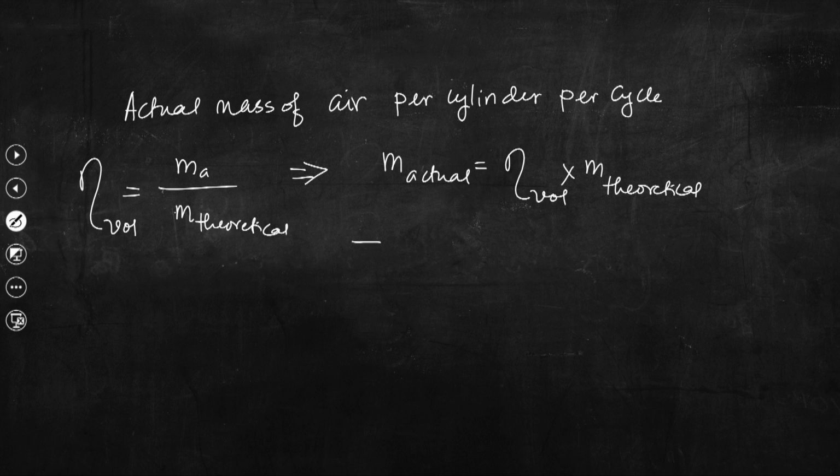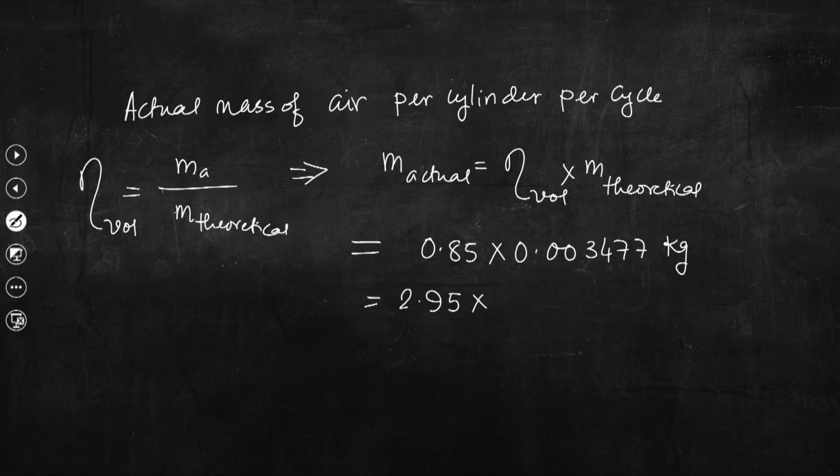We have eta volumetric as 85%, that is given in the problem statement, and the theoretically calculated mass of air is 0.003477 kg. So, this is coming as 2.95 into 10 power minus 3 kg. This is the actual mass of air per cylinder per cycle.